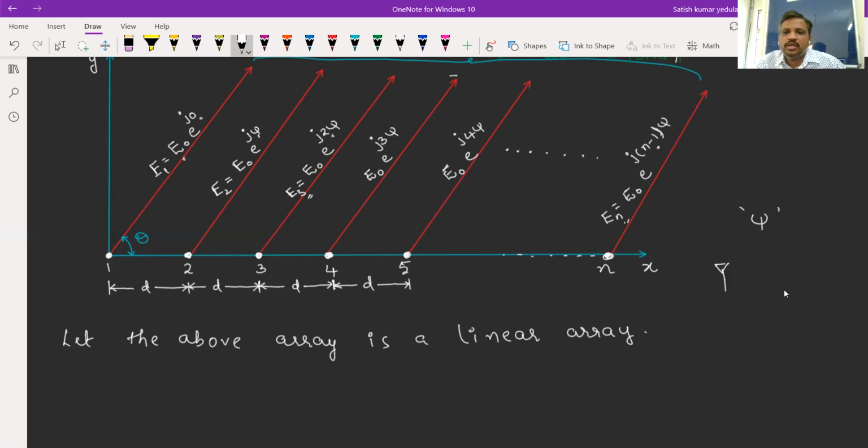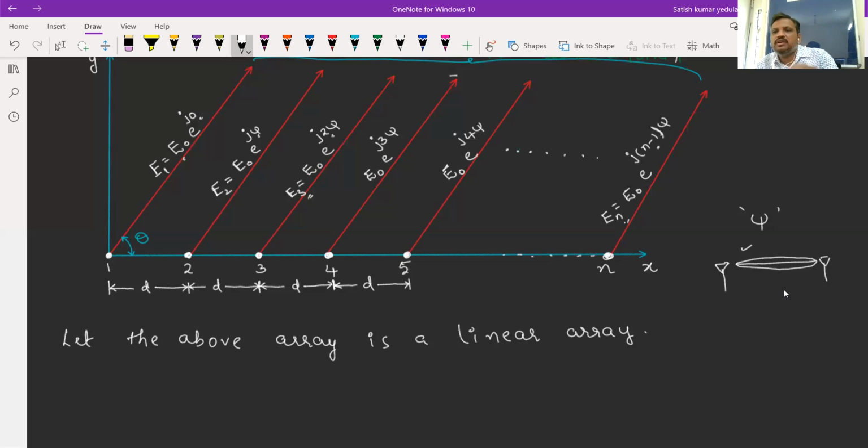Let's say this is one antenna and this is the place of the receiving antenna. Whatever signal is being transmitted has to go in a single direction. That means the radiation pattern must be like a pencil beam radiation pattern. That means it should be very sharp. To get this much sharper radiation pattern, whose half power beam width and first null beam width are very small, maybe less than 2 or 3 degrees.